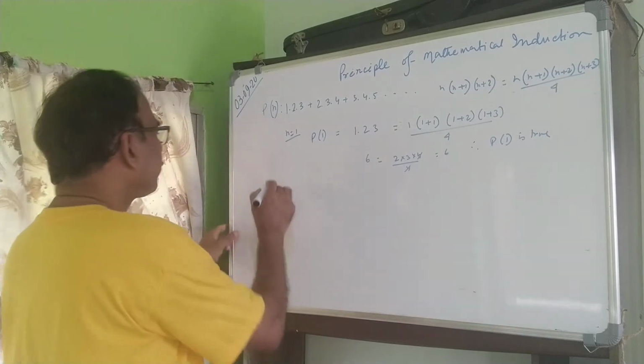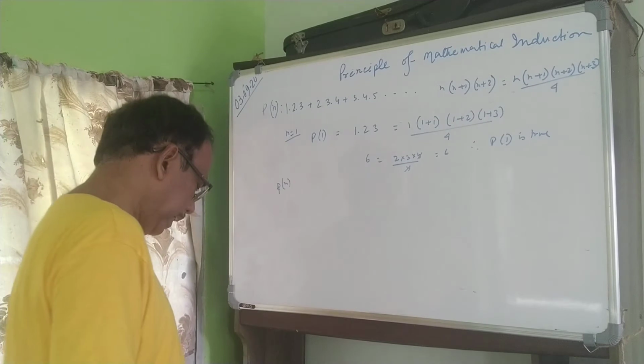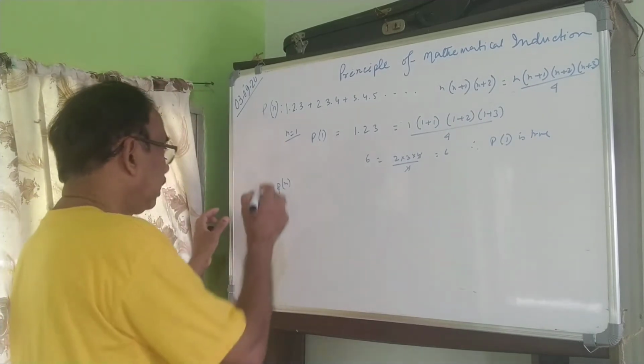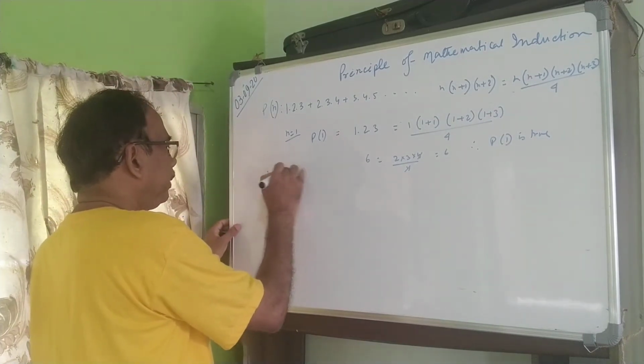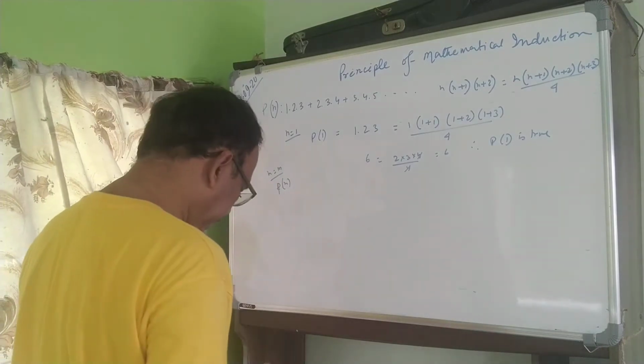Let it be true for Pm. Let Pm be true. Then put n equals m.